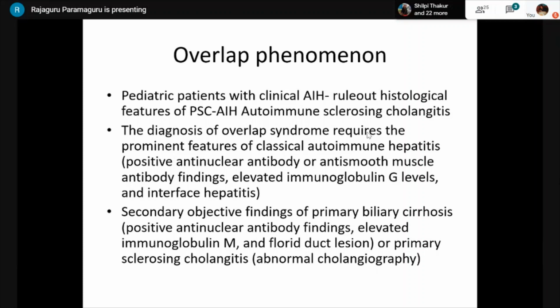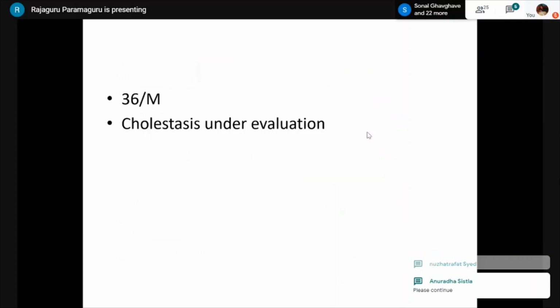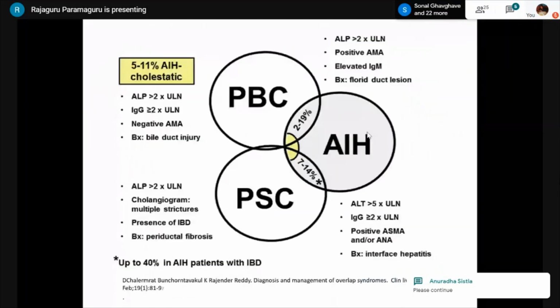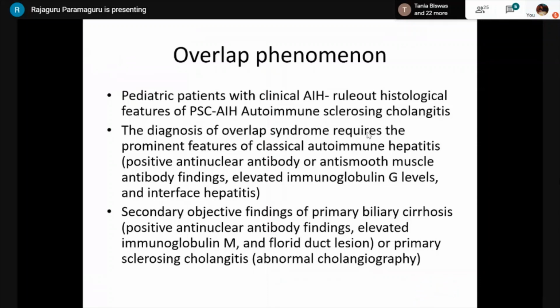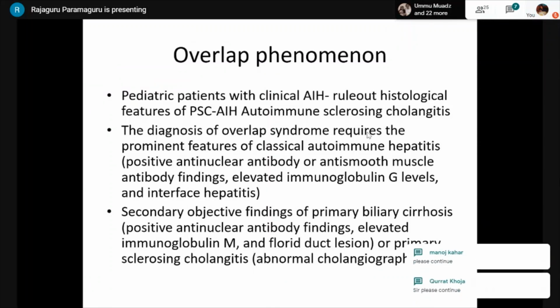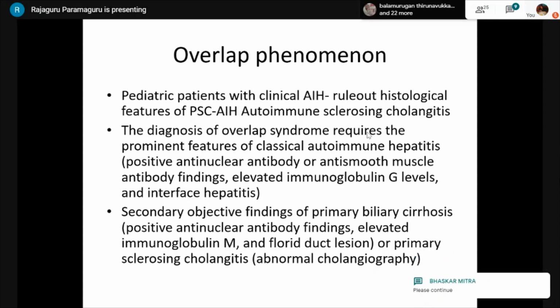We can have a third session also at a different date. Let's ask everybody if everybody wants to continue or we want to stop here. Please give your opinion. Dr. Anuradha says continue. Dr. Manoj says continue. Everybody says continue. So please continue. Great. Go ahead. Gives me a lot of enthusiasm. So I'll go ahead.